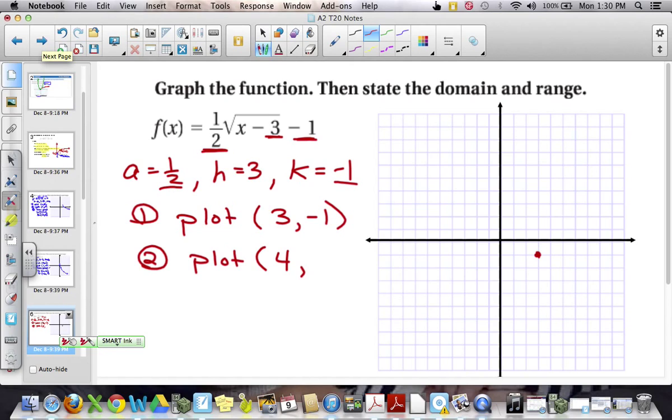So -1 plus 1/2 is -1/2. Plotting that point, 4, -1/2 would be here. As I said before, when a becomes a smaller number, like 1/2, we start out a lot shallower. So it goes like this. And there's your graph.